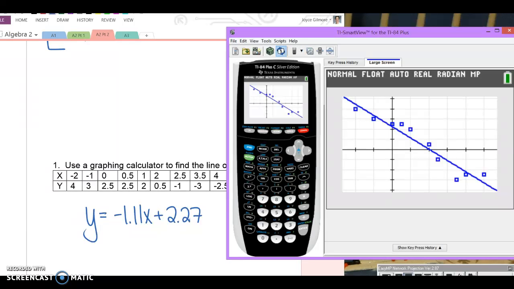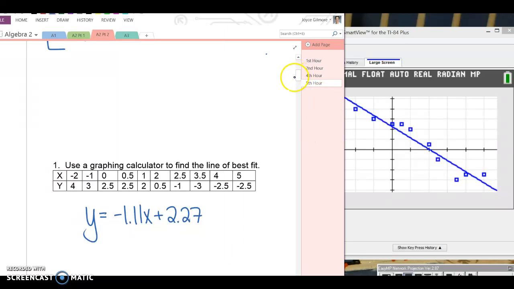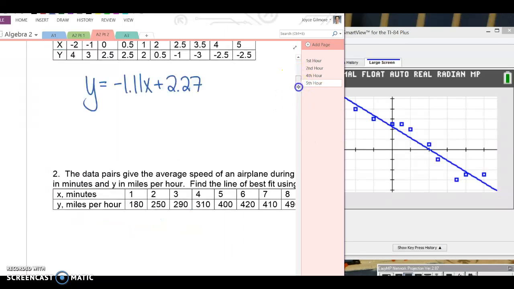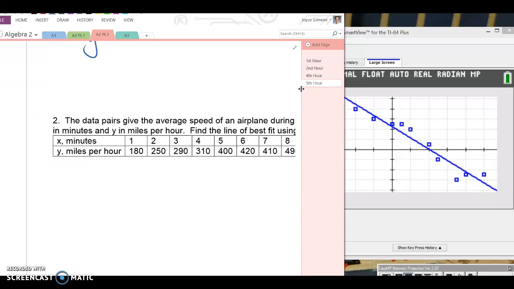I'll lead you through it. It's easier one-on-one than it is with a whole class. I just wanted to show you, here's the scatter plot. Here's the line of best fit. Isn't it beautiful? Aw, pretty. All right. Moving on, we need to enter this new set of data.